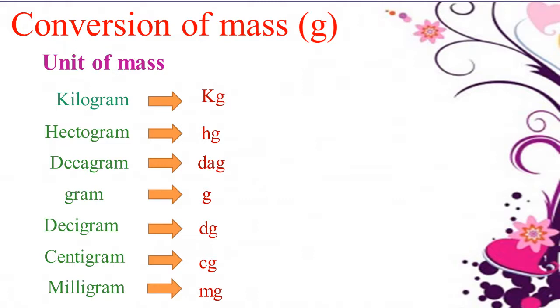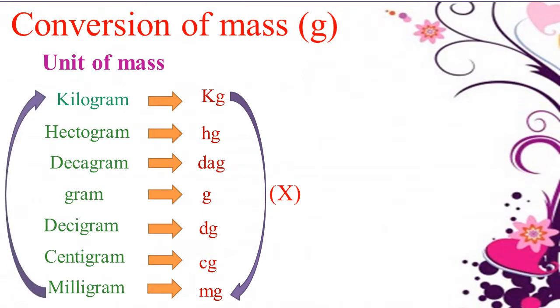So for converting a bigger unit to a smaller unit, we should multiply. For converting a smaller unit to a bigger unit, we should divide. Let's see one example.